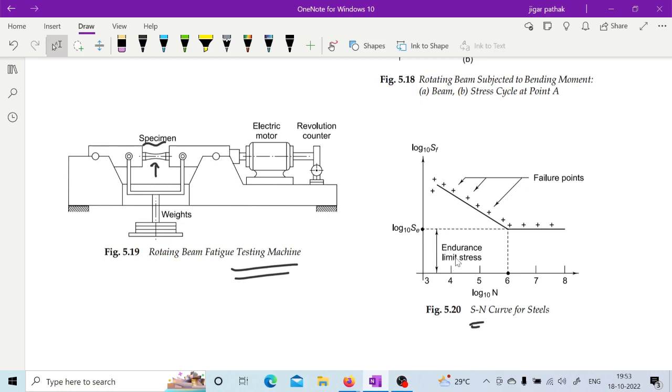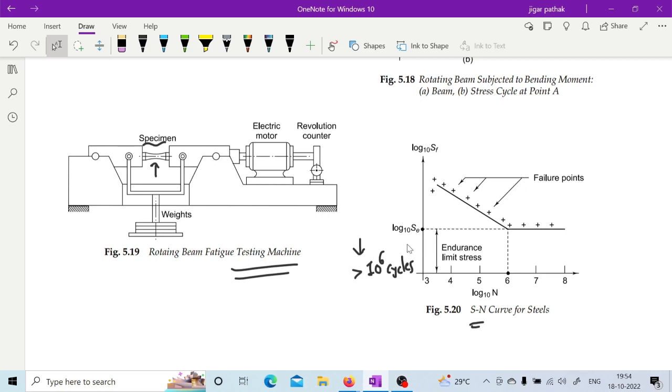Endurance limit is the limit below which a component can work for greater than 10 raised to 6 cycles, which is considered almost infinite, right? If the reverse loads are below the endurance limit, then your component can work infinitely without undergoing failure, right? So that is known as the endurance limit.